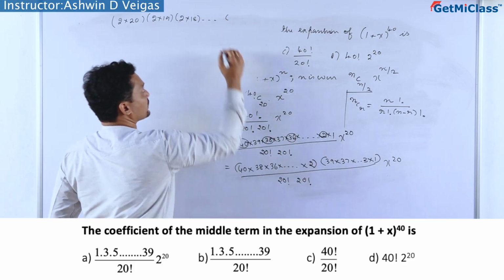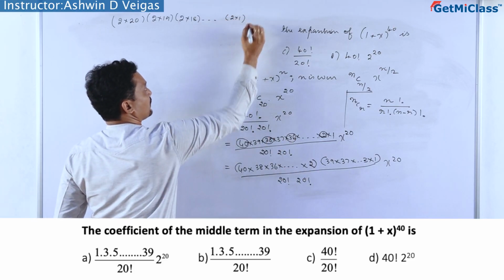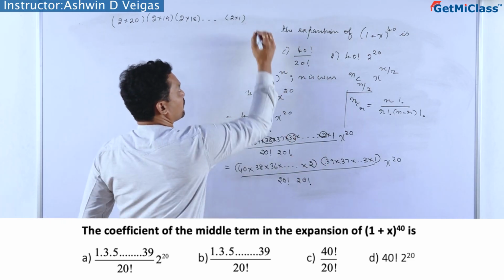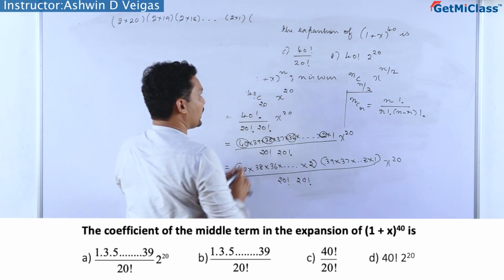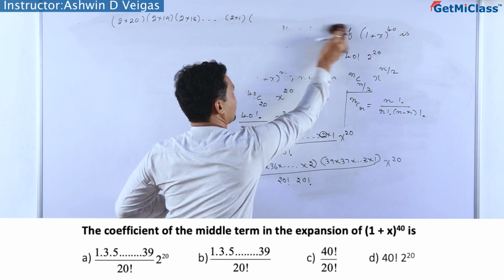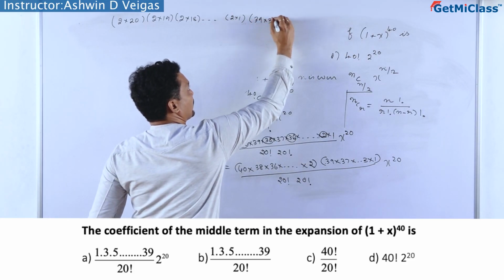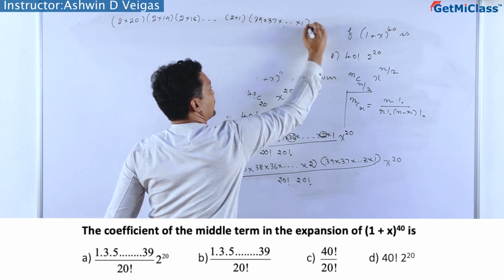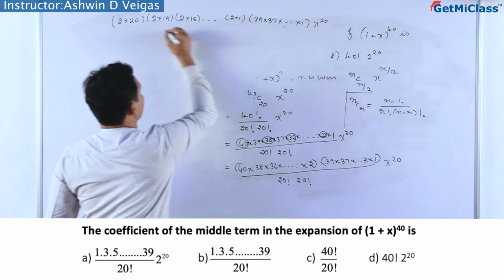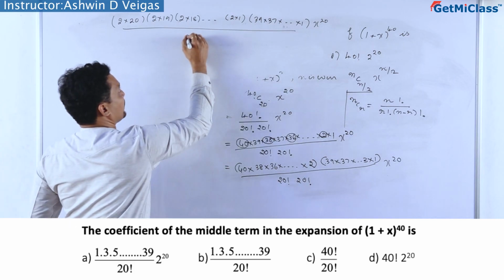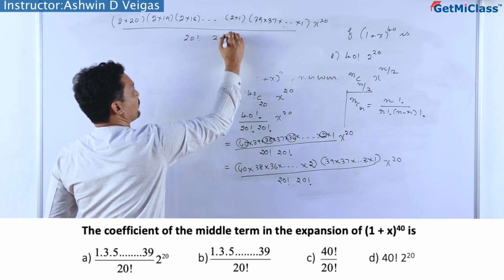Finally, this 2 is nothing but 2 into 1, and the odd terms let them be as they are. So, 39 into 37 up to 1, into x^20, divided by 20 factorial into 20 factorial.